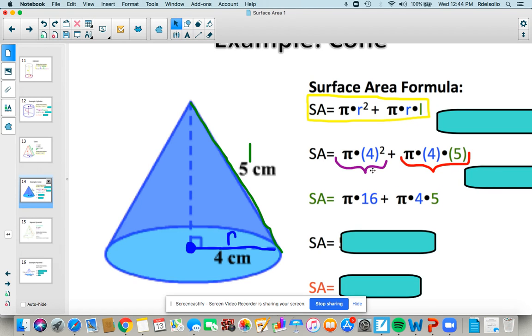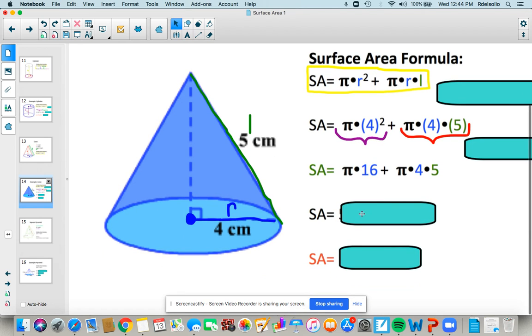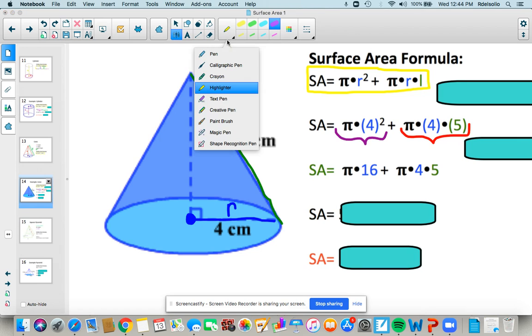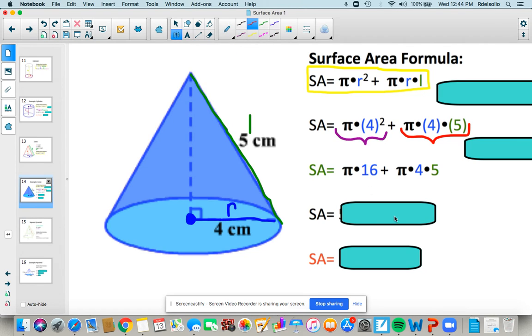Again, I'm following PEMDAS, so I did that exponent first. We're still going to do these together. We're going to do pi times 16, and then pi times 4 times 5, and then we'll add them together.